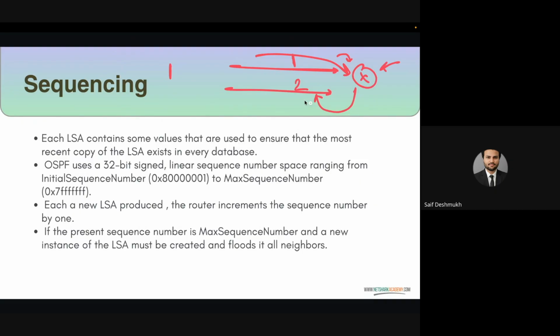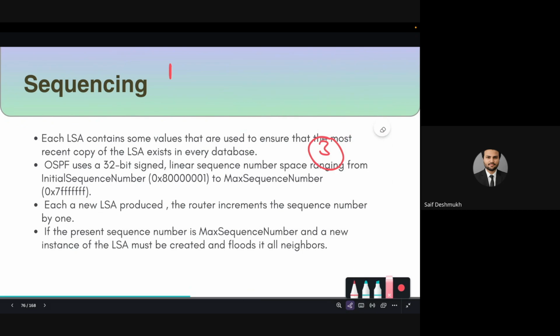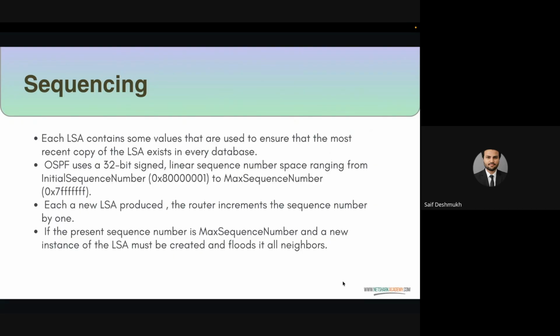And they can only do that based on the sequence number. So I will send a new LSA and increase the sequence by 1. That's how the receiving router is going to judge that the information I have is actually old. So I'm going to dump that information and only install what was just sent to me with a new sequence number. The sequence number is a 32-bit signed number.